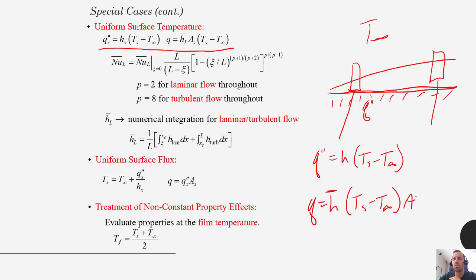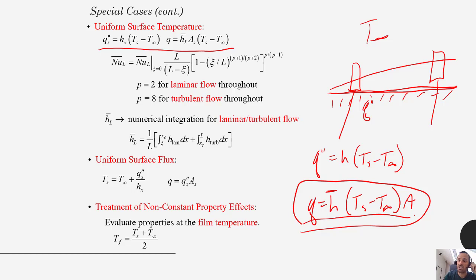So just be sure, because everything is changing, our Reynolds number changes, our heat transfer coefficient changes as a function of x, you can't just apply Newton's law of cooling assuming a constant h the whole way. You have to apply it locally to get the flux for that particular local point, or you could apply it on an average basis to get the total flux using the average heat transfer coefficient. But this bottom relationship here, Newton's law of cooling, doesn't really give you specific local information. To get that, you'd have to use the flux version.